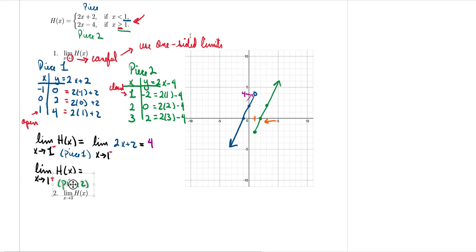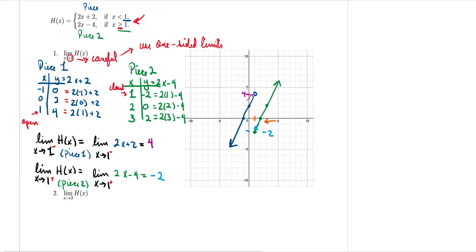So we're going to have the limit as x approaches 1 from the right hand side, and the function is behaving just like piece 2, so it's a limit of 2x minus 4. Okay, so what do we get there? What is the function value approaching? As I'm getting closer and closer to 1, the function seems to be getting closer and closer to a negative 2 here. Okay, so you're approaching negative 2.